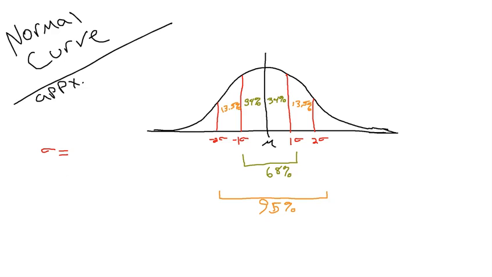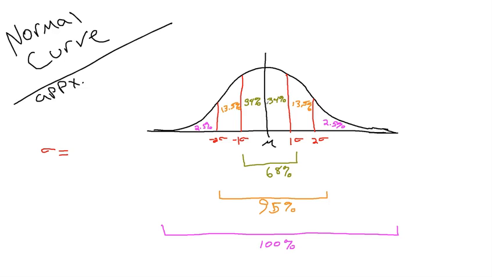Now let's take it one last step and say that these little tiny wings right here, 2.5% of scores, fall 2 standard deviations or higher. So if we actually look at this complete plot, we come up with 100%.